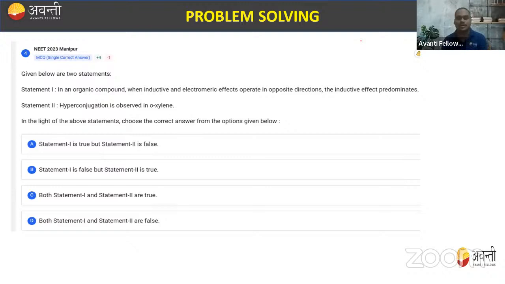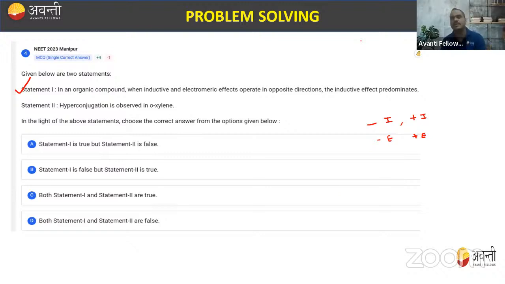So you have to choose the correct option, whether statement one is true or statement two is true or vice versa. Let's see statement one in a detailed way. When both inductive and electromeric effects are acting, whether it is a minus I effect or plus I effect, or minus E or plus E effect, which predominates?